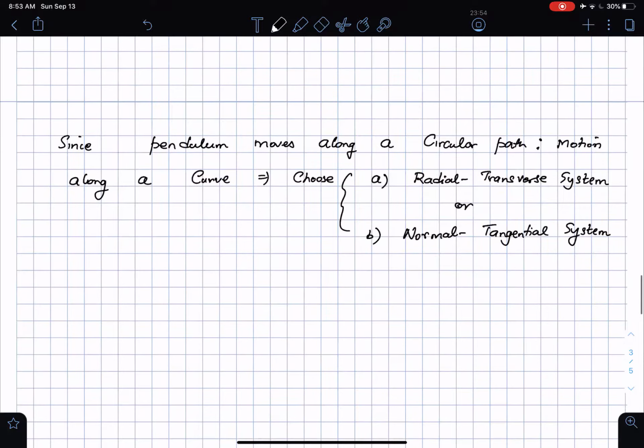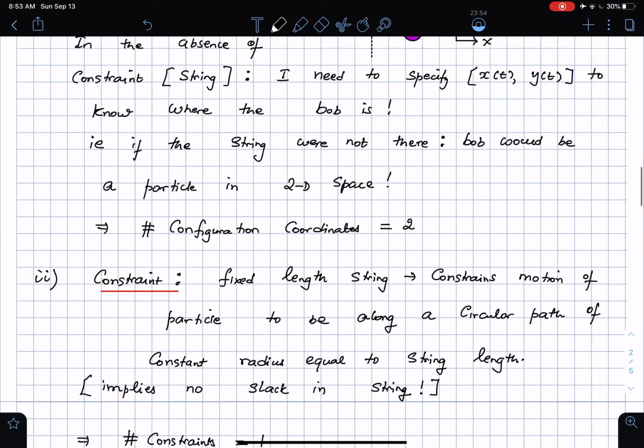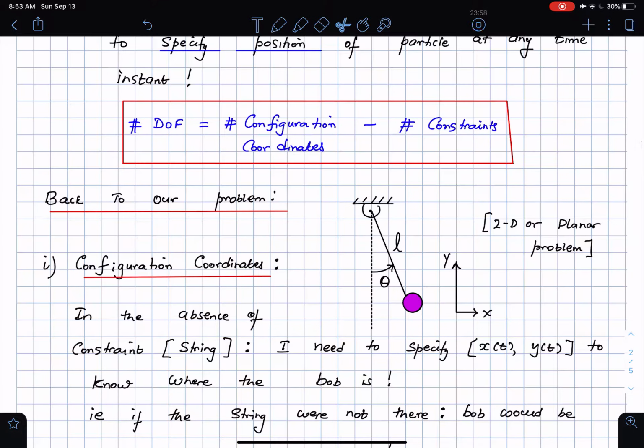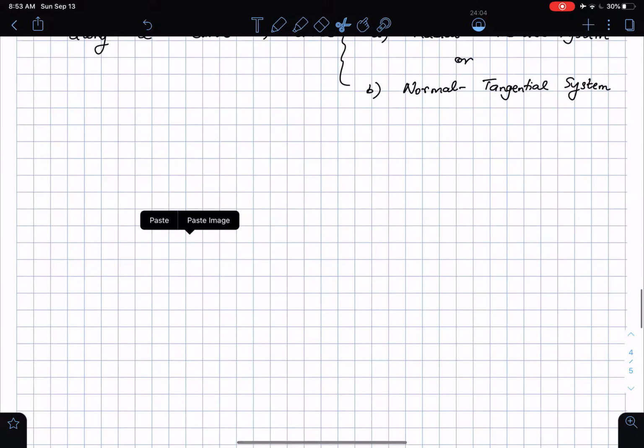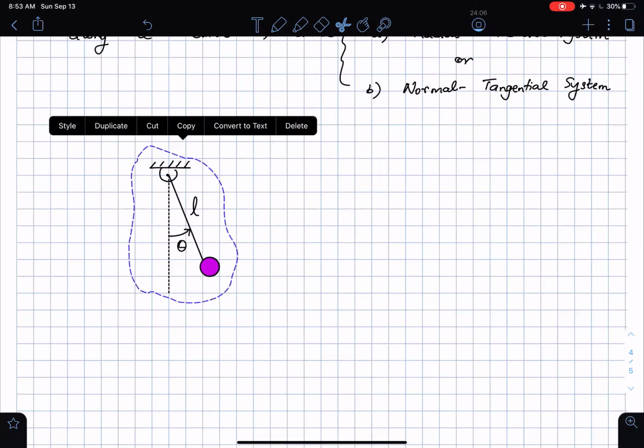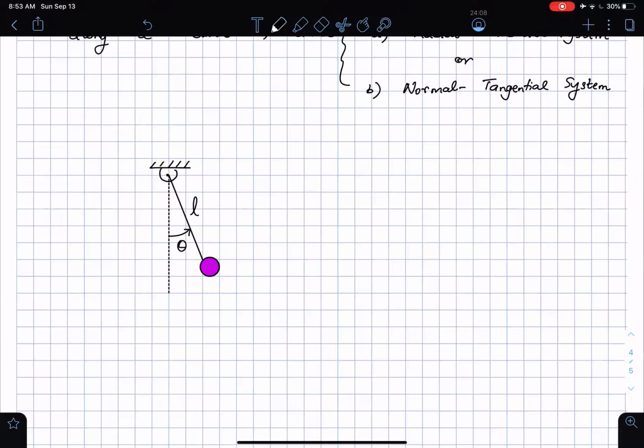So I'm going to take the pendulum system. Here is my figure from before. I'm going to copy that, and I'm going to set this up here. I'm going to choose a radial transverse system.